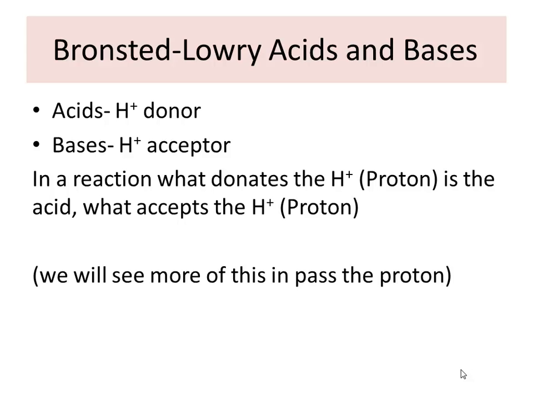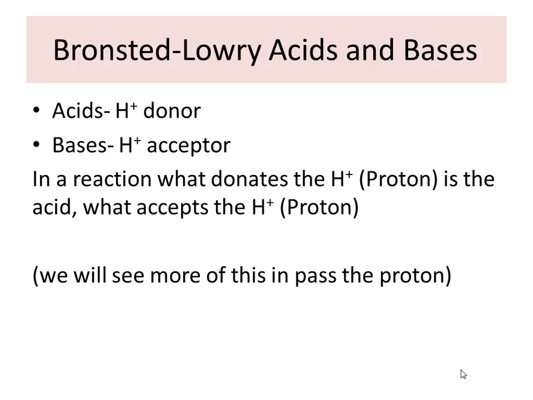Bronsted-Lowry acids and bases are just a more broad definition of acids and bases, encompassing more things than just the Arrhenius acids and bases. Now, we're going to talk more about this in our next class. But acids give an H+, and bases accept them. So an H+ is just a proton.